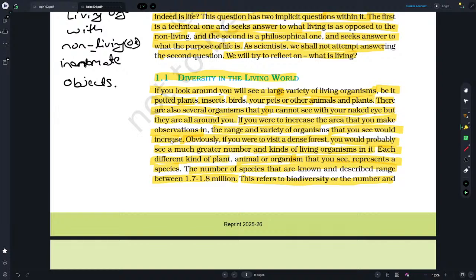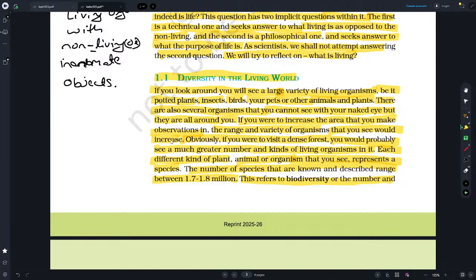As we see around us, as the area of our range increases, if we see in a forest, we see a certain number of organisms. As we increase our range to an entire country, or further to the entire continent of Africa or Asia or any other continent for that matter, we see that as we increase the area, the diversity or biodiversity keeps on increasing.